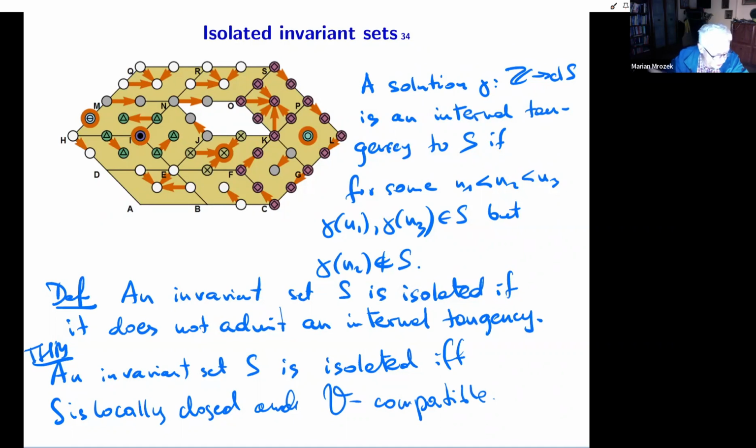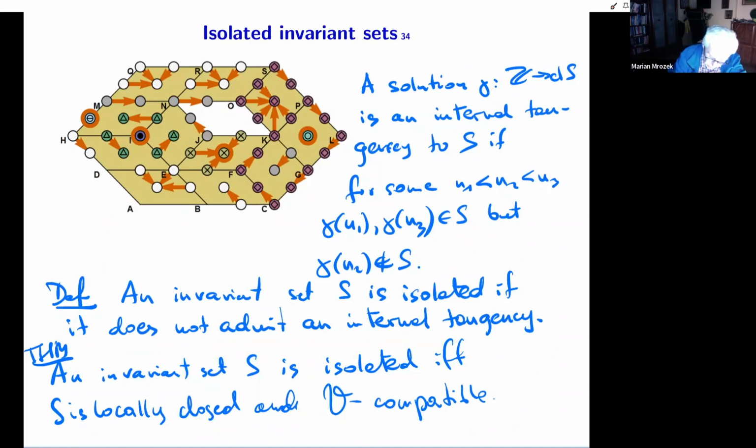But I already showed when I explained the Ważewski set that this internal tangency is not allowed if you want a Ważewski set. And to have an isolated invariant set, you need just a Ważewski set, which is a neighborhood of the invariant set. So this definition is in the spirit of the classical definition. And this theorem is useful in practice because it gives you a very elementary combinatorial criterion to check whether your invariant set is an isolated invariant set or not. Because for this definition, we would have to go through all the full solutions. And here it's just a finite computation to verify this.